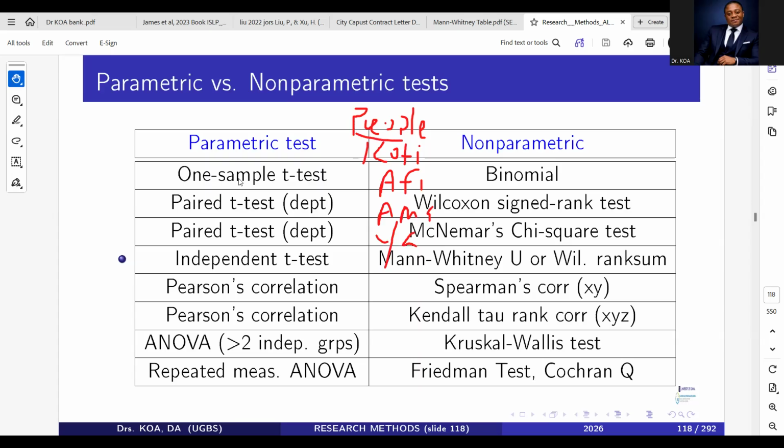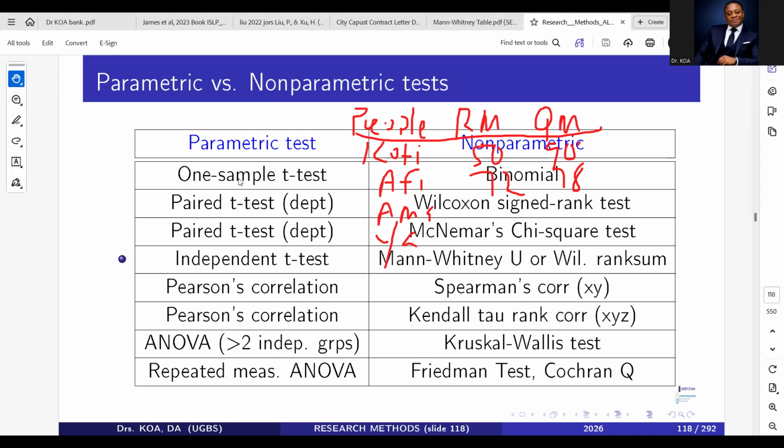And then you decide to look at their scores in research methods and their scores in quantitative methods. Kofi had 50% in research methods, 90% in quanti. Afi had 72, and then 78, and it goes on and on. If you look at the research methods and the quanti, these are 2 separate samples.